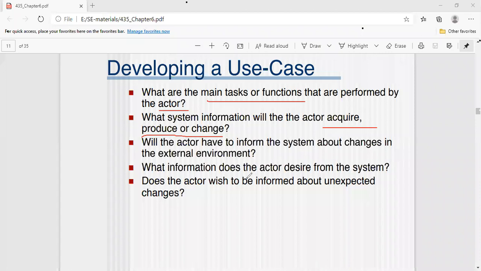And what information does the actor desire from the system? So what are the actions performed by an actor apart from the system? Whether he is desired for that particular role or not. We can't give all the permissions to a customer or actor, isn't it? Some restrictions we have to apply when interacting with that system.